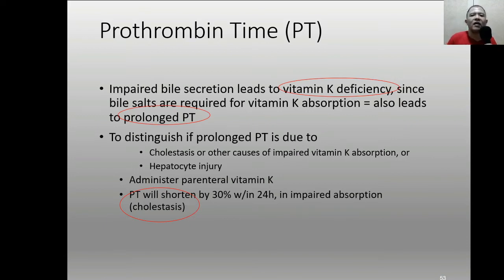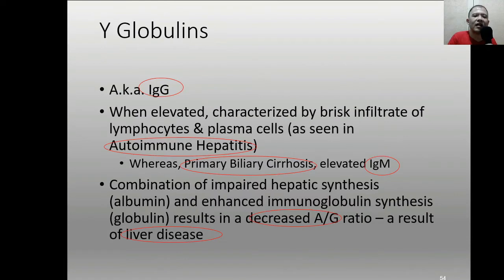Again, prothrombin time is prolonged in both cases. However, if you add vitamin K and there is a decrease in prothrombin time, then that must be secondary to an obstruction in the biliary tract and other biliary tract conditions also.